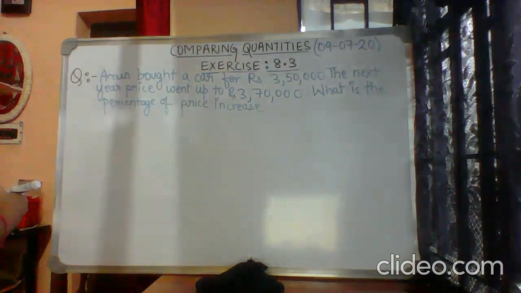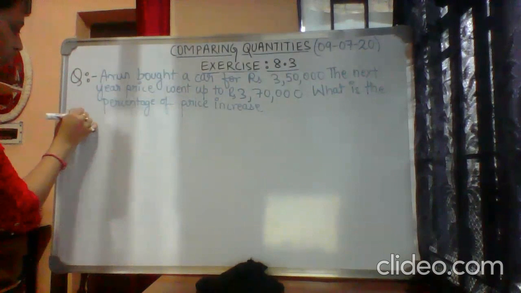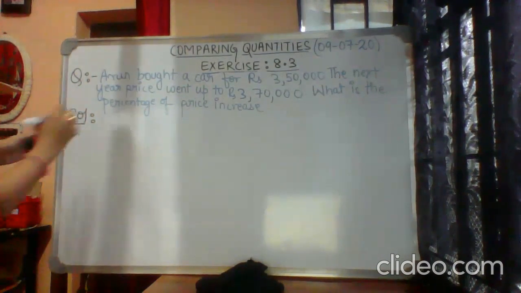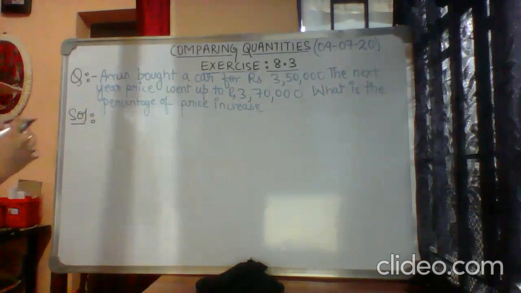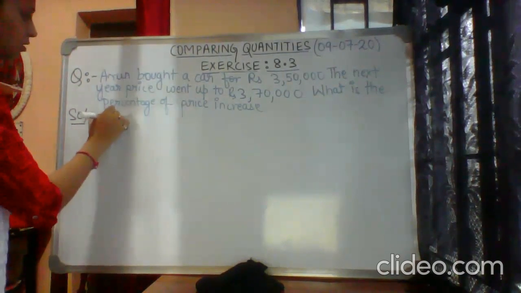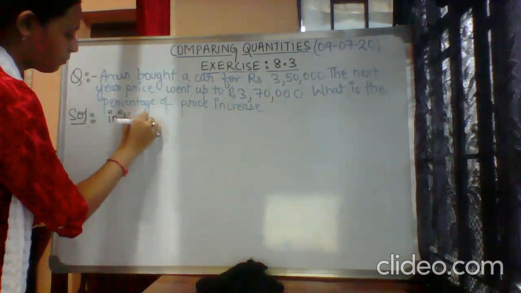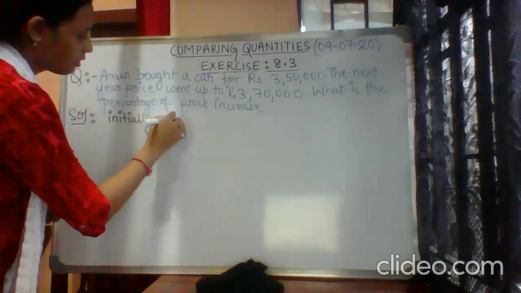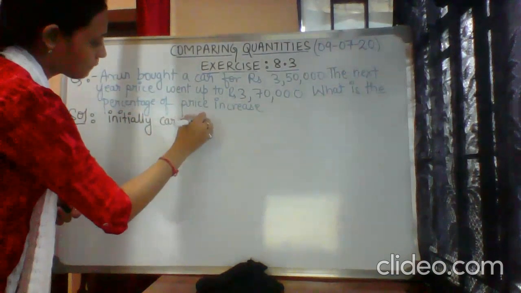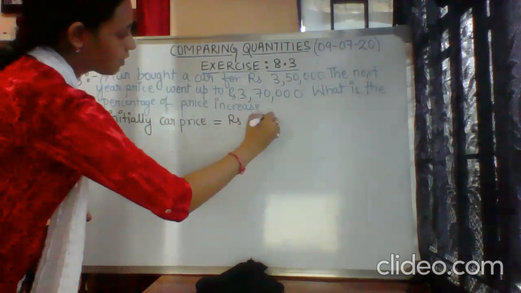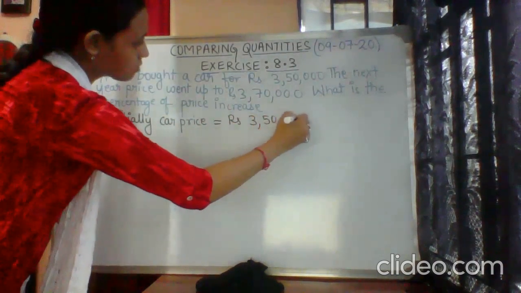So how to do? The same way we will do. I hope you have already learned how to do it and you are doing it also. First of all, what was the initial amount of the car? Initially, car price equals rupees 3,50,000.